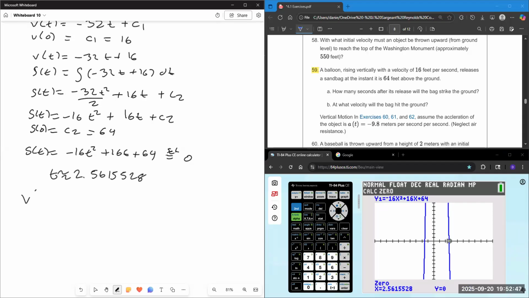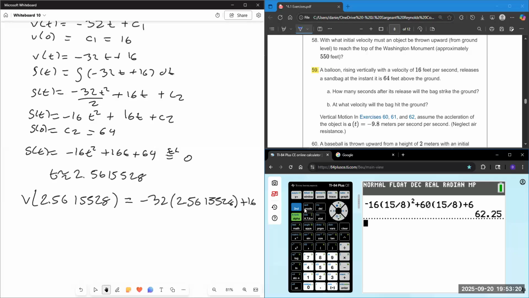And what's its velocity at that time? Then v of 2.5615528 is going to be equal to negative 32 times 2.5615528 plus 16. My calculator's holding the whole value that it knows, even though I'm just writing those decimals.